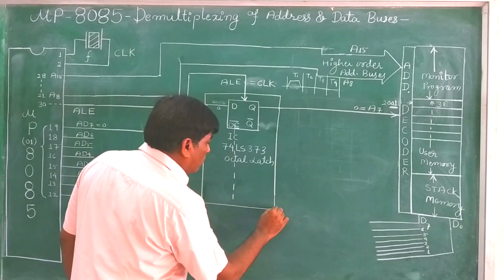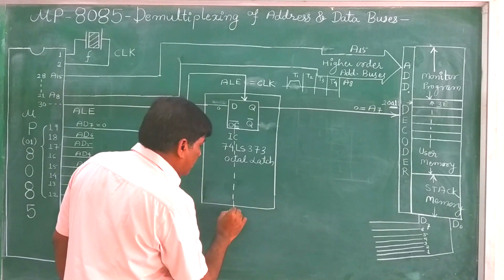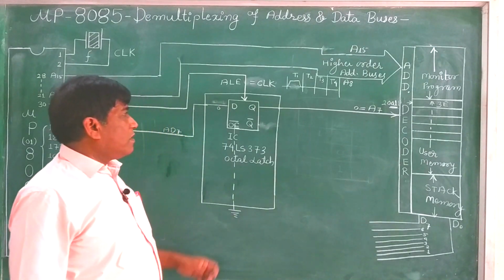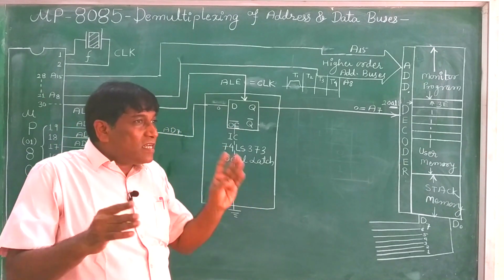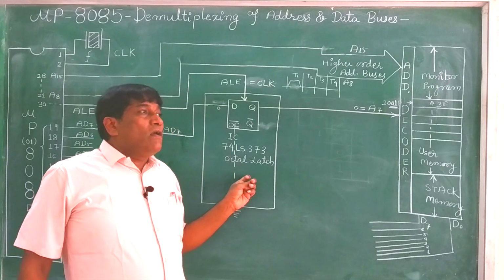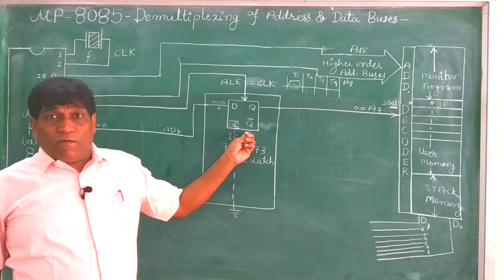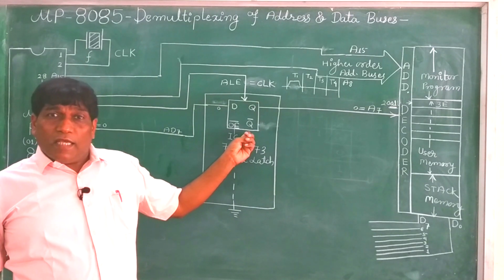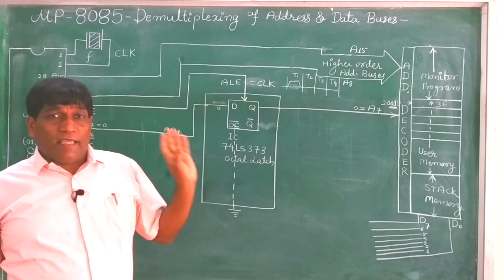The output enable will be activated when it is grounded. So for enabling this IC, this output enable pin must be connected to each and every flip-flop. It is a 20 pin IC. The elements are D flip-flops. As we have already explained, octal means 8.